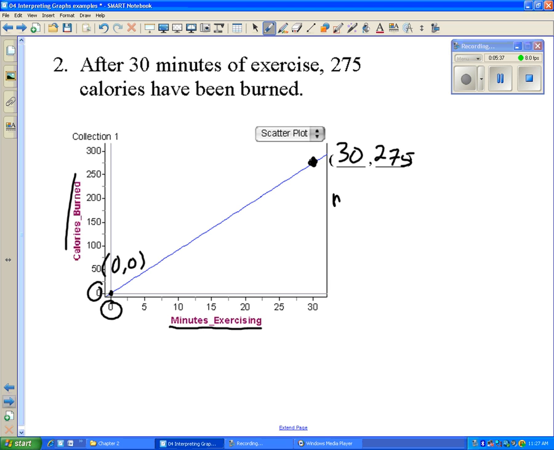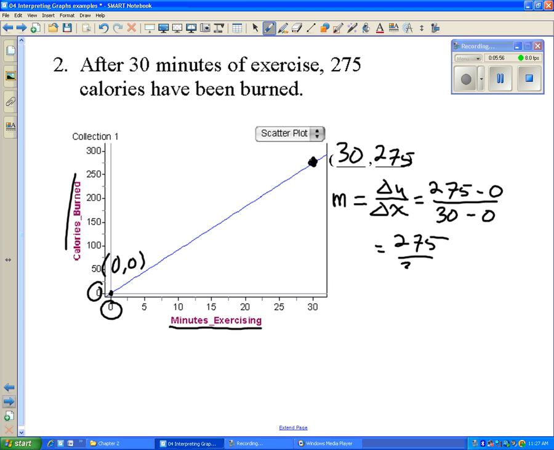So I need to find my slope. My slope is change in y over change in x, which is 275 minus 0 over 30 minus 0. Well, this is 275 divided by 30, which reduces to 55 over 6.